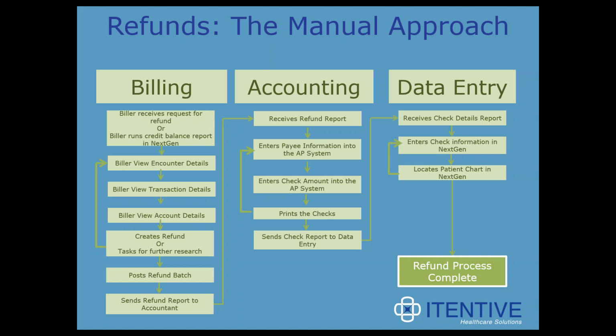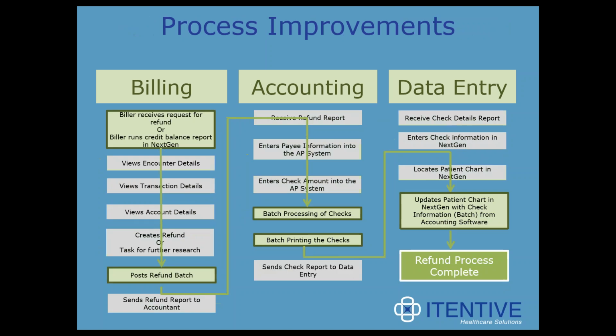But you can see from start to finish, it can be a very step-intensive process. So we looked at that process and looked for ways where we could apply technology to make it much easier for the individuals to make decisions, as well as to eliminate the data entry points along the way.